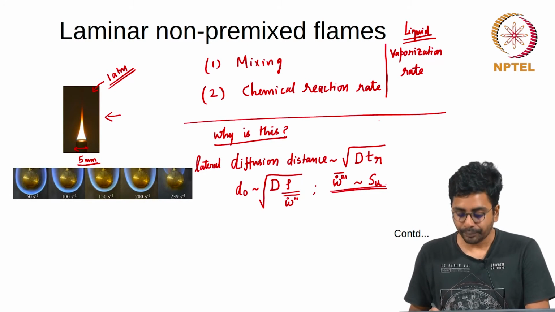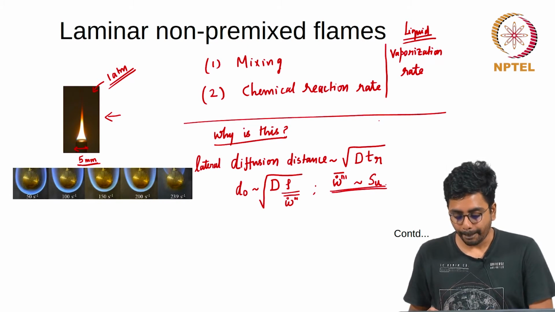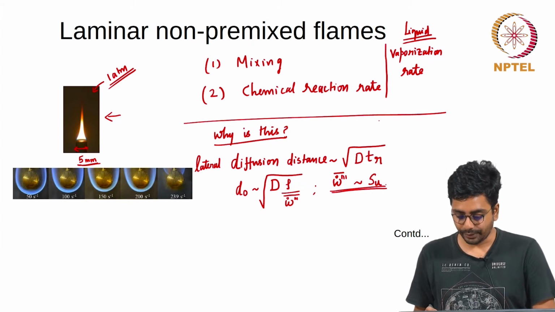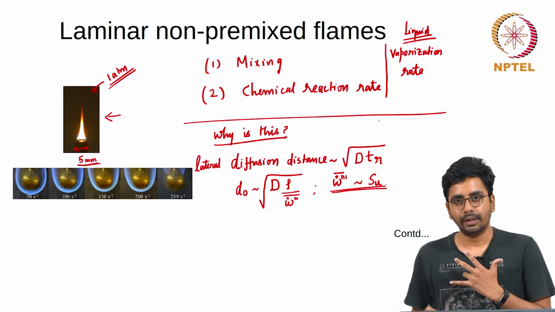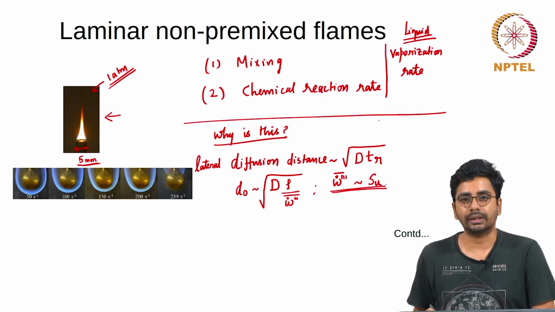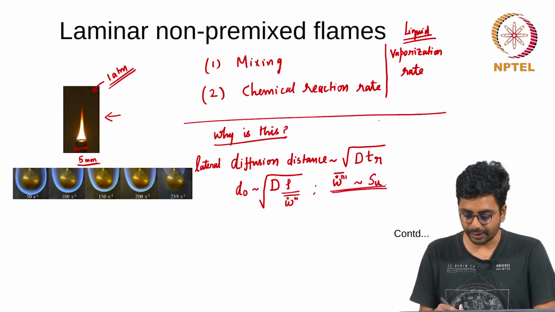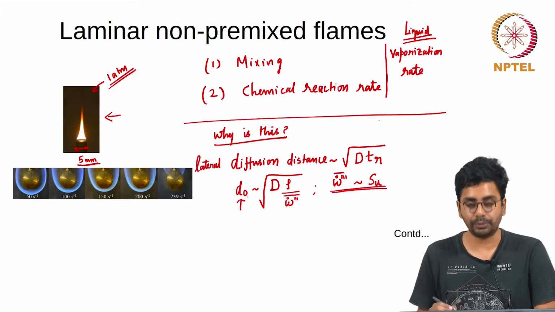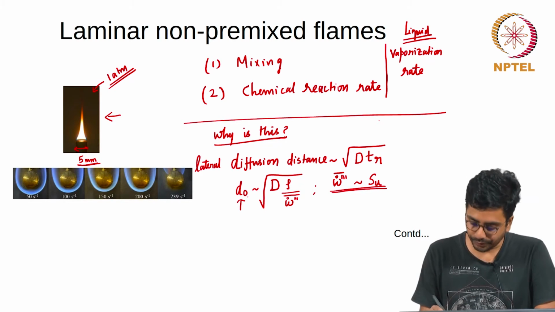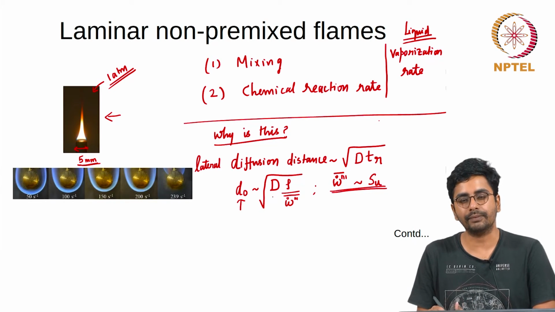Okay. So, the message that I want to give is that the more reactive a fuel oxidizer mixture is, the smaller is the diffusion distance. Okay. Of course, D, the diffusion coefficient, also has a role.